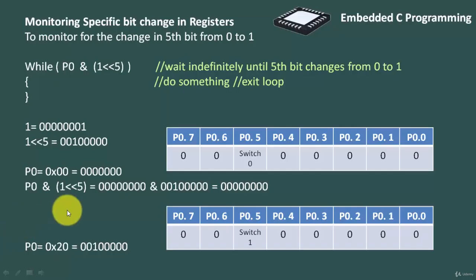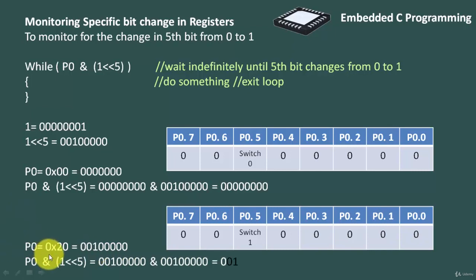Okay, now what if the switch is pressed? Then the port 0 content would be 0x20. Then if you perform an AND operation, as the resultant value you will get 0 0 1 0 0 0 0 0, that is nothing but 0x20, because both values are the same, hence the AND operation will result in the same value.